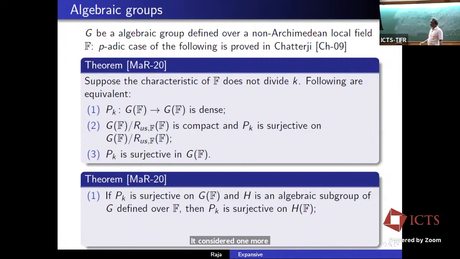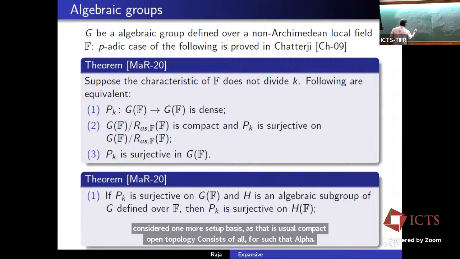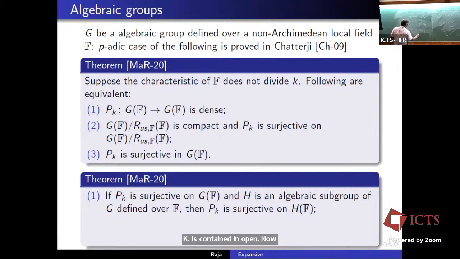The usual compact open topology consists of all alpha such that alpha k is contained in an open set. Now you consider alpha inverse k also contained in the open set. This is another set of bases. Not the same thing: the same set has to satisfy two conditions. This one you can call N(K, O), and this one N minus (K, O). Along with this, it's called the Braconnier topology, but most of the time these are the same, though in some cases it is different.